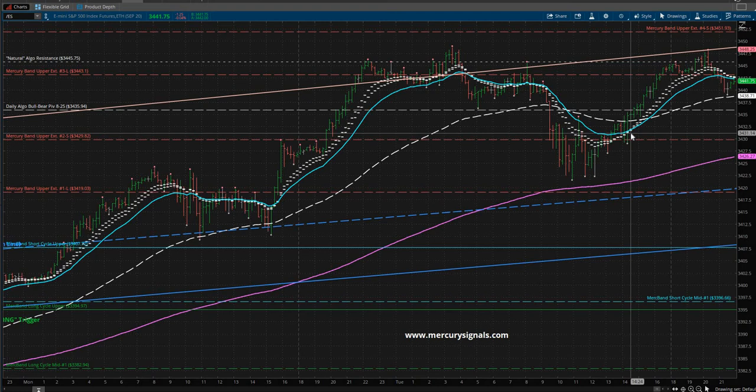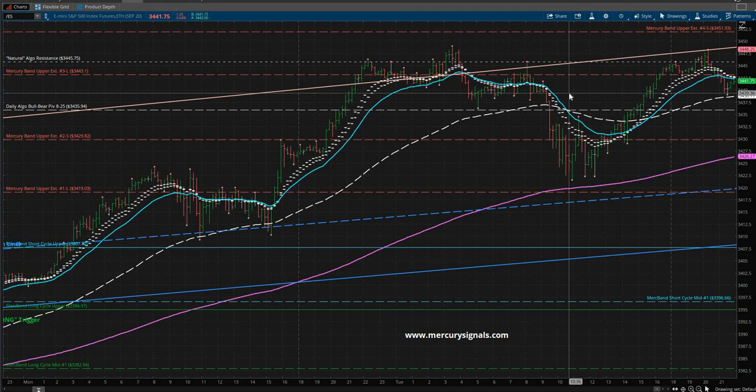Now, we didn't take that one at the end of the day, and that's why I call these points algo triggers and not algo entries, because we're not going to take every one of them. There are certain entries that just aren't worth the risk.